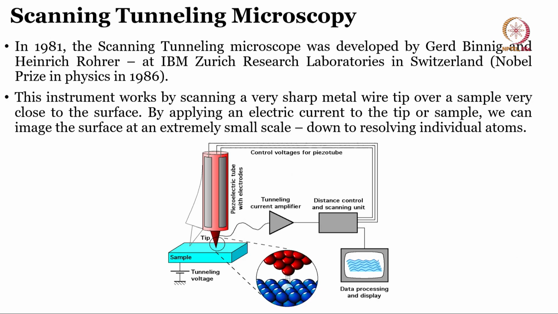So, today let us focus on STM and AFM. STM, as I told, is scanning tunneling microscopy. It was developed by Gerd Binnig and Heinrich Rohrer at IBM Zurich research laboratories in Switzerland, and you will be able to appreciate that everything that was discovered in the area of optics and microscopes generated very valued research.